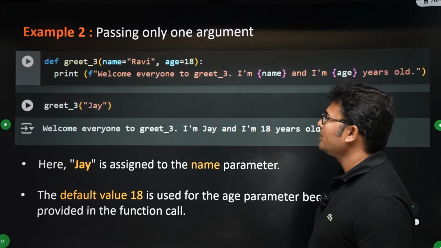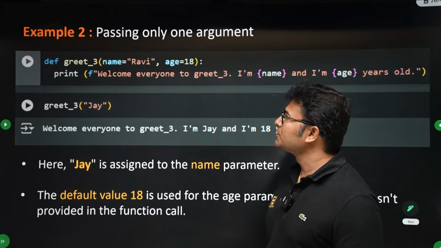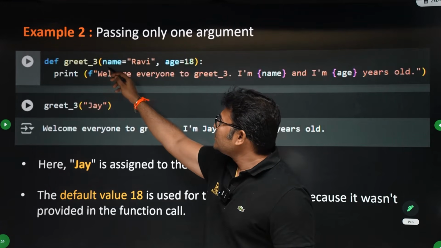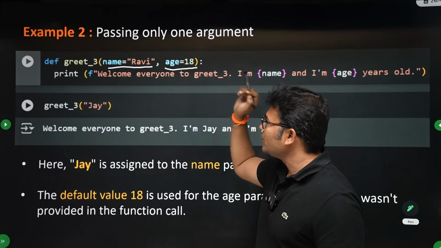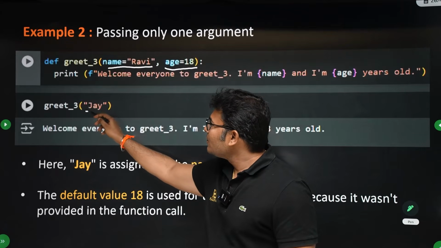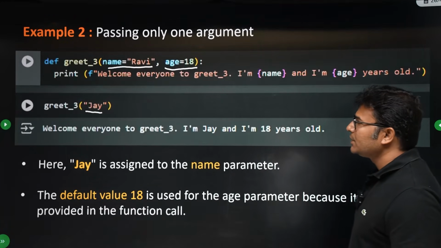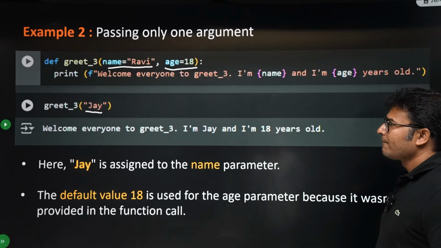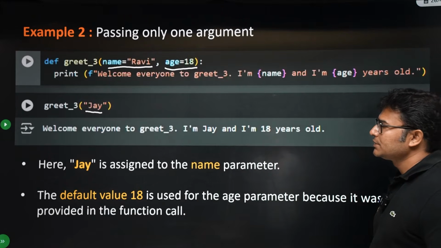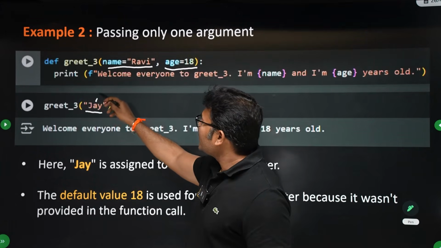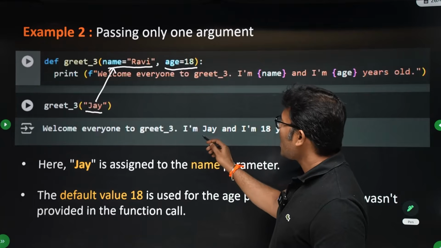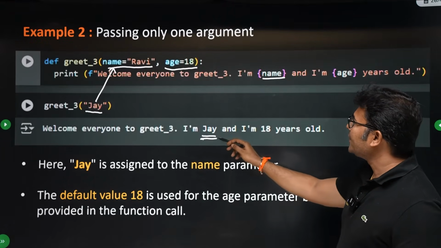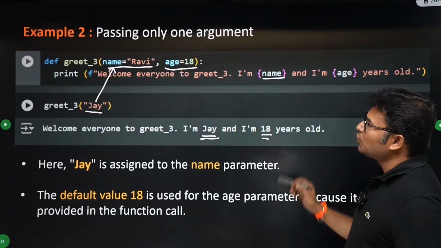Now, in case of default parameters, you can also pass the values. For example, if name is a default parameter having the default value Ravi, and if age is a default parameter having default value 18, now if you are passing a single value, let us say J, what will happen in this case is, the first parameter will take it. Name will take the value of J. That is why, if you see it, I am J is printed and age is not given, so it is 18 only.